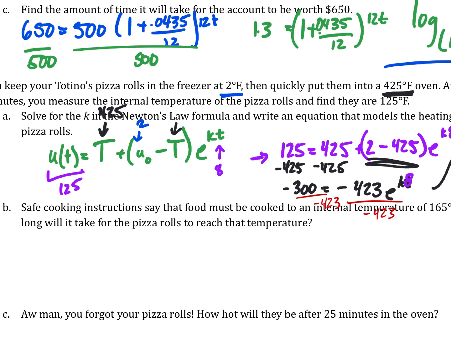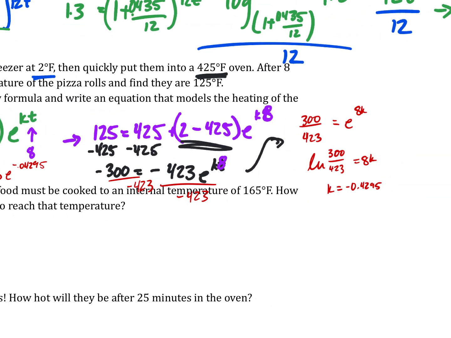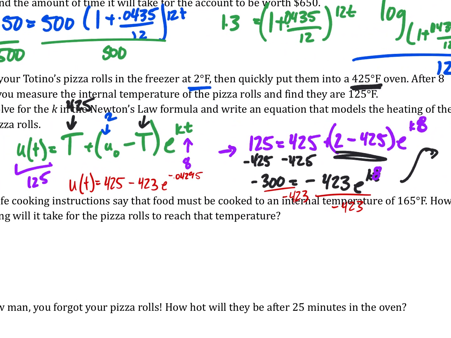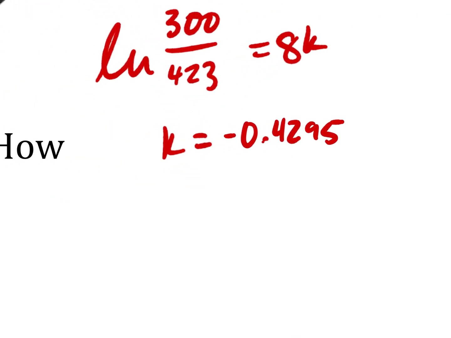So my final answer is actually U of T equals 425, and then this time I'm going to write minus 423 e to the negative 0.0429 t. Hey, I made a mistake over here. I did that same thing where I lost the decimal place.